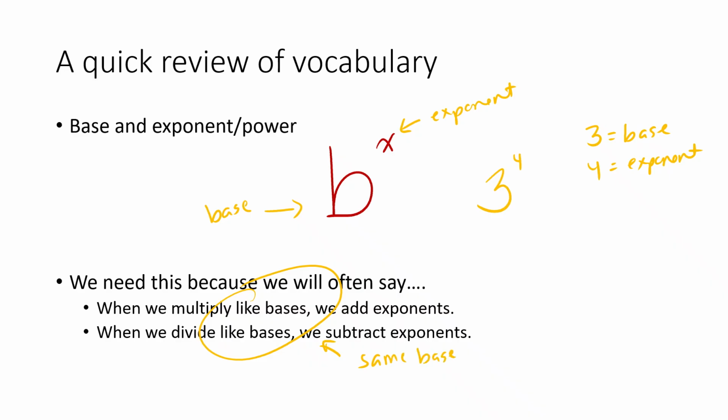So in other words, if you had, say, 3 squared times 3 to the 6th, we would say those are like bases because the bases are the same. We really want to be on the same page when it comes to that vocabulary.